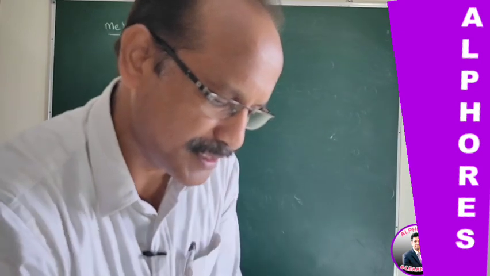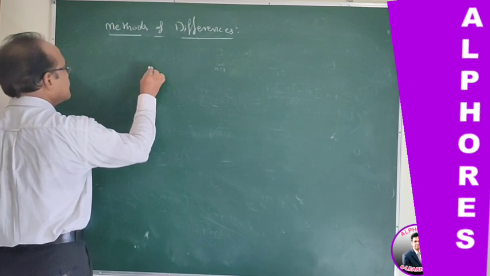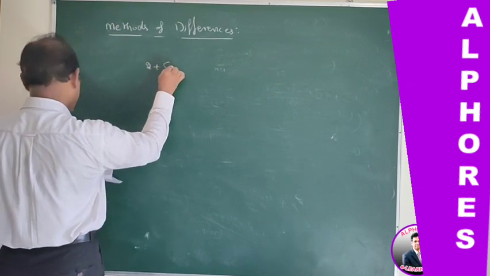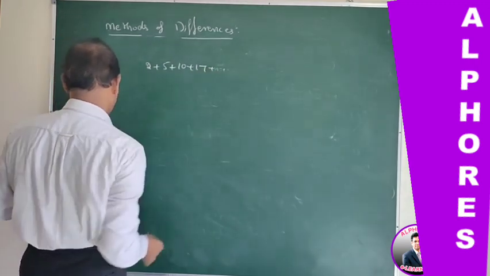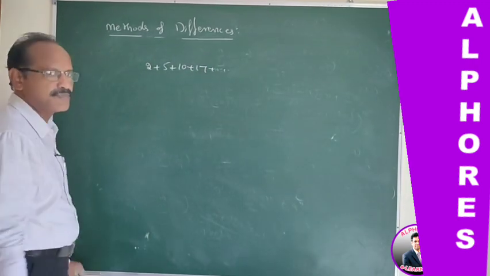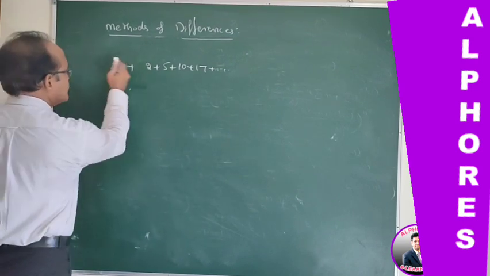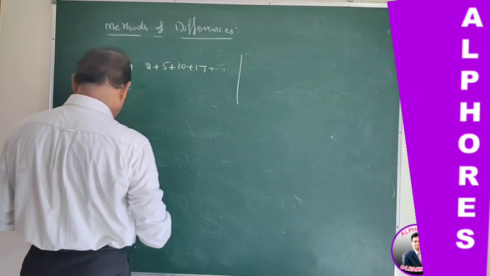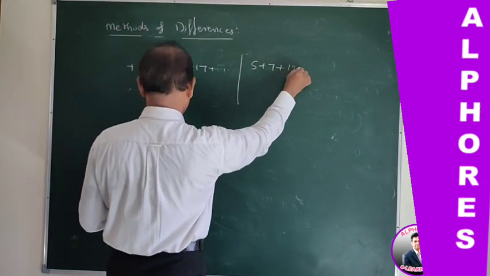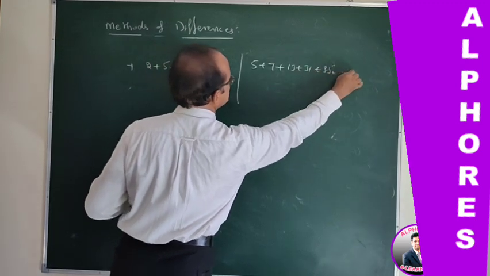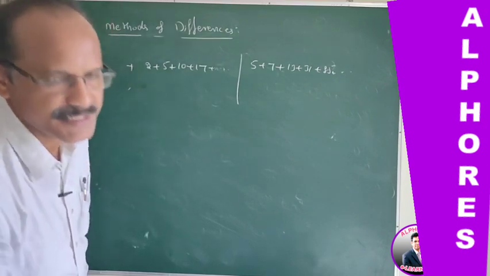Okay, I will take some examples. For example, the series 2 plus 5 plus 10 plus 17 plus so on, right? Okay, and I will take another example. That is, 5 plus 7 plus 13 plus 31 plus 85 plus so on. So I am taking two types of series.